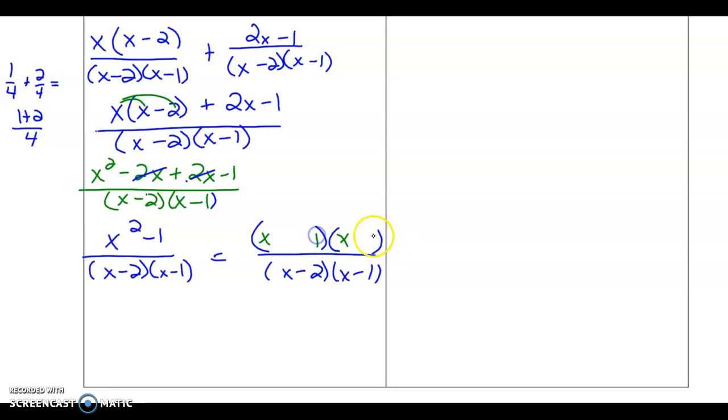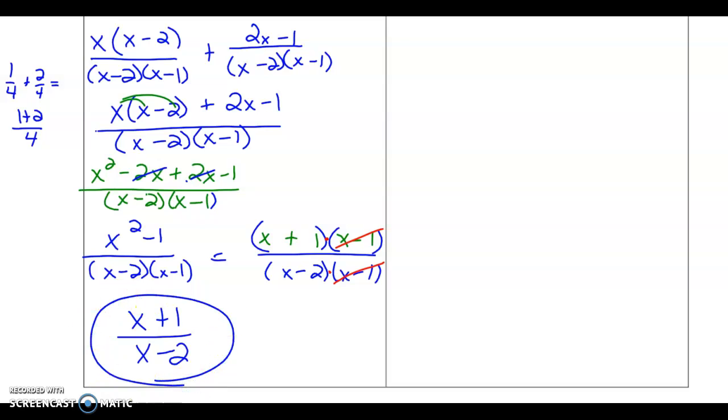Multiply to be 1, 1 and 1. And then since we want no middle term, one's got to be positive, one's got to be negative. Okay, just one final step on this one, kind of like what we did in the last section. Anything on the top can cancel with anything on the bottom if it's in multiplication form. So these are in factor form, they're being multiplied, so you can cancel. So your final answer should be x plus 1 over x minus 2.